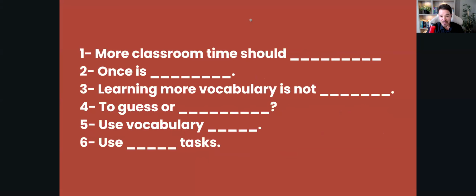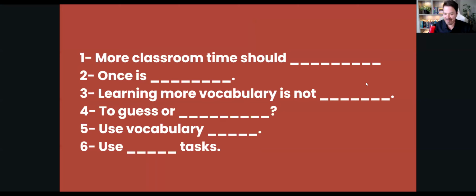Let me test your memory. So we have seen 6 different strategies today. They're all incomplete here, and hopefully you're going to be able to complete all of them because you have great memory. Do you remember what the first one was about? Yes, Lou. Should be dedicated to vocabulary teaching. That's it, Mariana. Number 2? Yes, Stella, not enough.